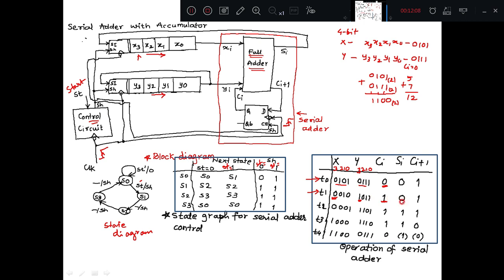When you add, the sum is 0 and the carry Ci plus 1 is 1. So when the sum is 0, that is stored and again shifted. So these 2 bits represent sum bits, and 0, 1 is part of X, and then again 1 you are rotating, so 1 you are shifting here, 1, 1, so 0, 1.